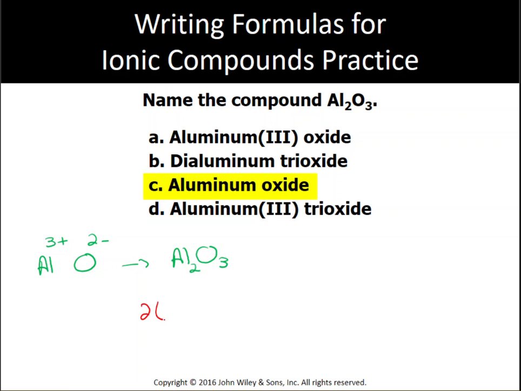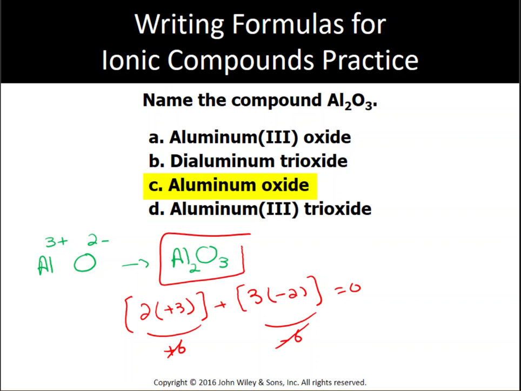So you have 2 aluminum, each one of them positive 3, plus you have 3 oxygen, each one of them negative 2. So this is positive 6, this is negative 6, which gives you the total net charge of 0. So this is the correct formula for aluminum oxide.